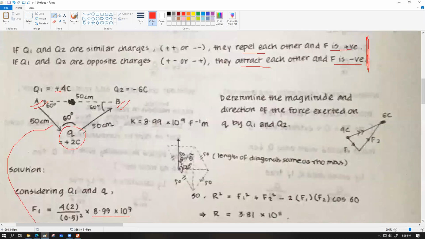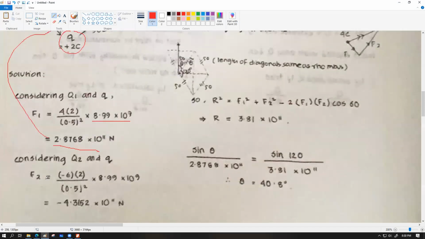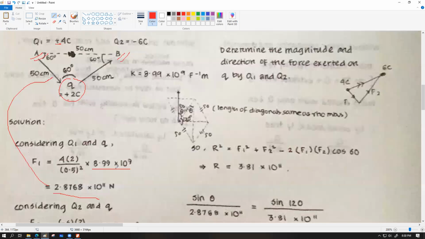We can judge this direction simply by looking at the signs of these two charges. So over here, F2 is coming to be this number. Now we have to go forward to draw a vector diagram, which is shown over here. Take a good look at this vector diagram.